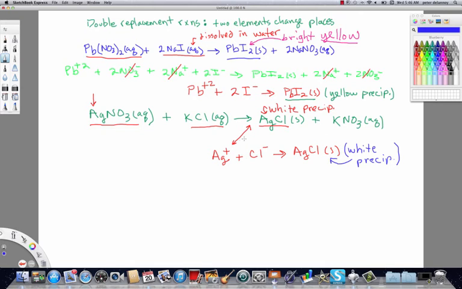Okay, and then for the last example, what I want to look at, and I used an example in the first video in this area with a barium compound. And I want to come back to the barium because this is also used in laboratories quite often.